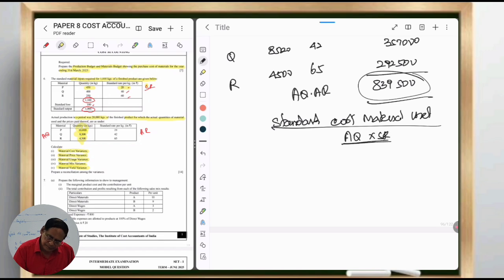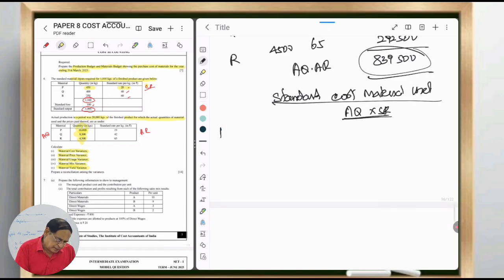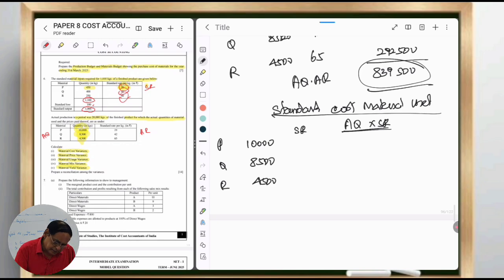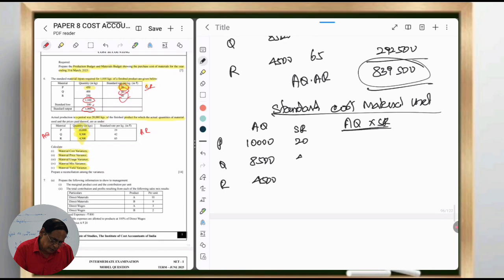So here for the same product P, Q, R, the actual quantity is the same: 10,000, 8,500 and 4,500. Standard rates are 20 rupees, 40 rupees, and 60 rupees.